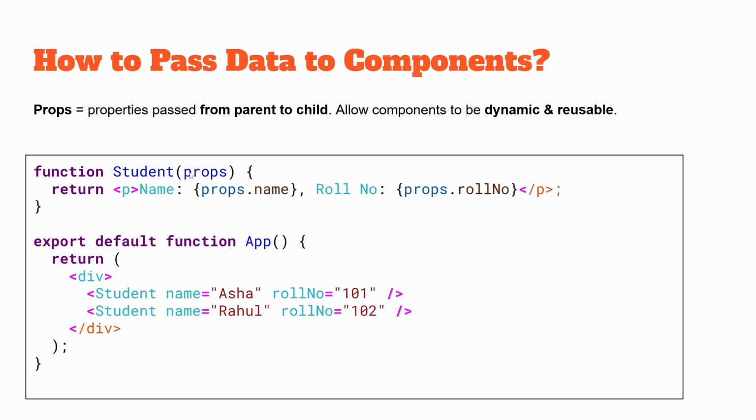I can add props as a parameter, and when I call the student component, I can send some attributes to this component, and these attributes will appear in the props object. If I say name attribute, it will come here as props.name. The roll number will come here as props.rollNumber, like that. That is how we can pass data from the parent to the child.